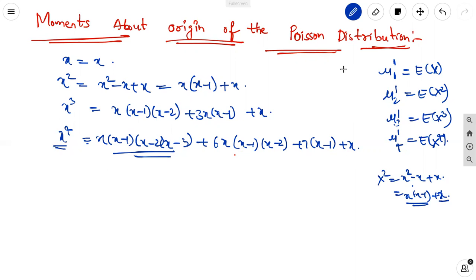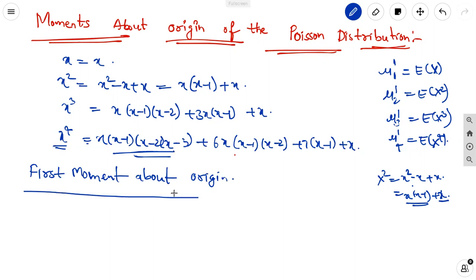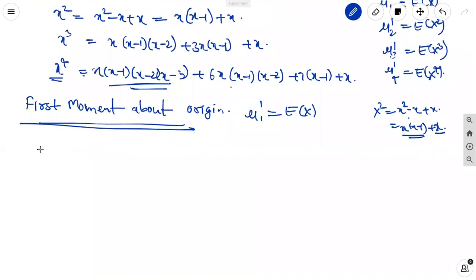Okay. Here, we are going to discuss the first moment about the origin. About origin means the first moment, it can be defined as mu1 dash is equal to expectation of x. By the definition of the Poisson distribution, we can discuss these moments in the Poisson distribution only.